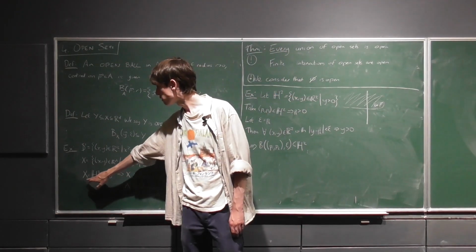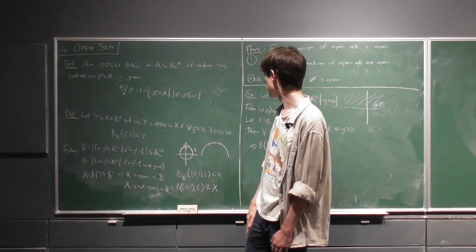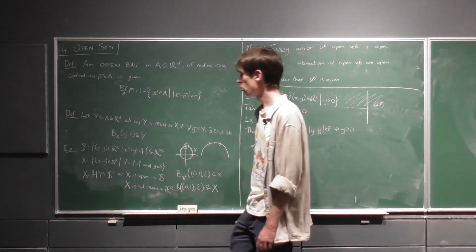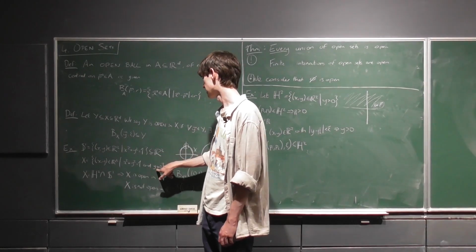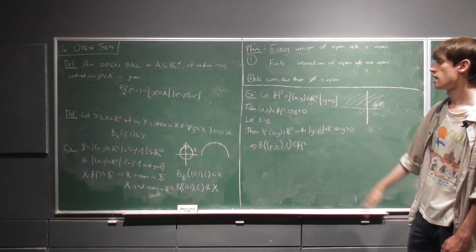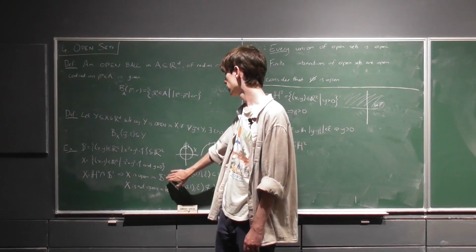Because we can write X as just the intersection of H2 from before, the upper half plane, with S1, right? That's just this definition here, intersection with this definition here. Because of that, X is open in S1.